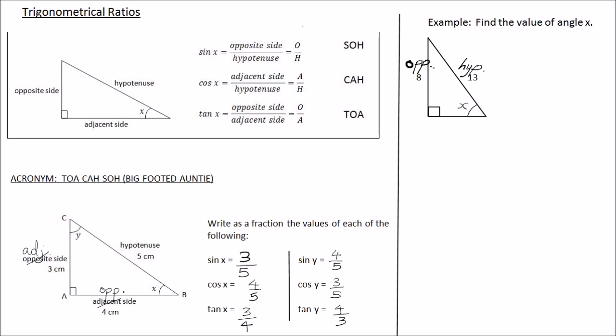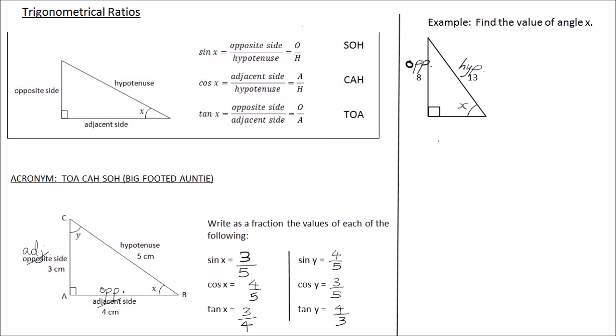Now, since we are given the opposite side and the hypotenuse, and we are asked to find the angle here, let's refer to the formulas. Which of these formulas require the use of the opposite and the hypotenuse? We notice that it is the sine of the angle.